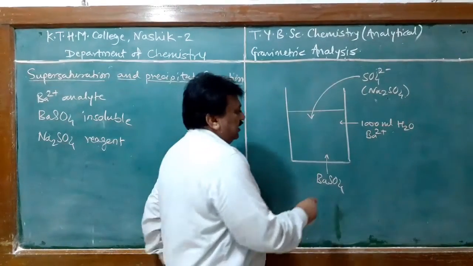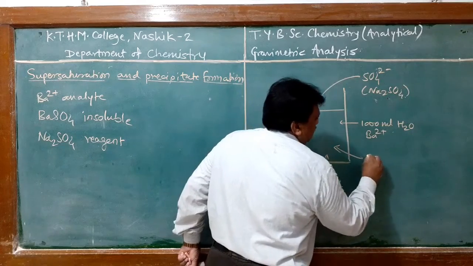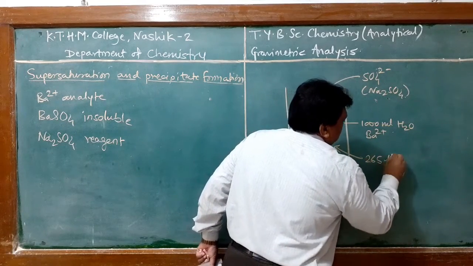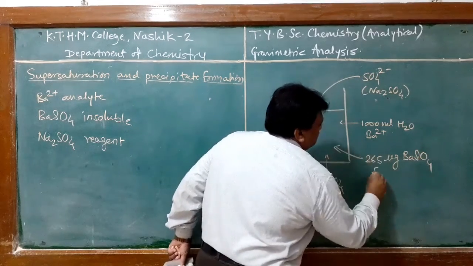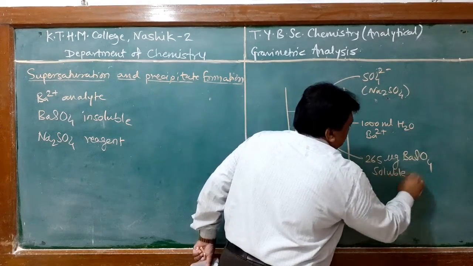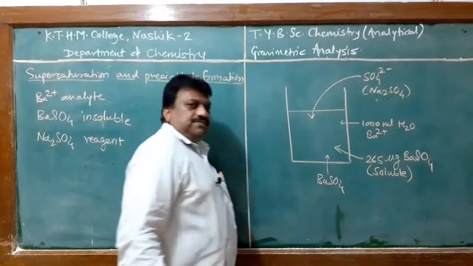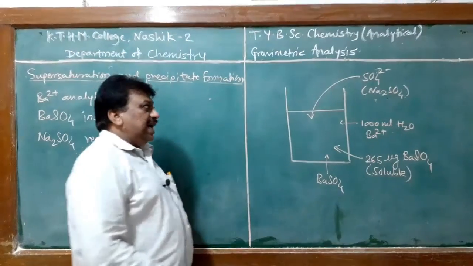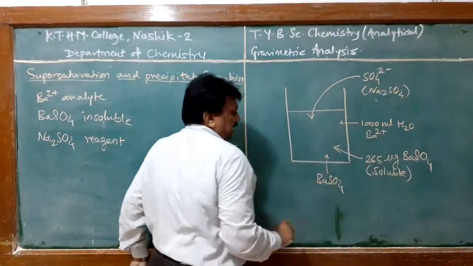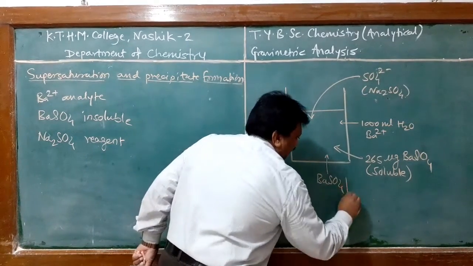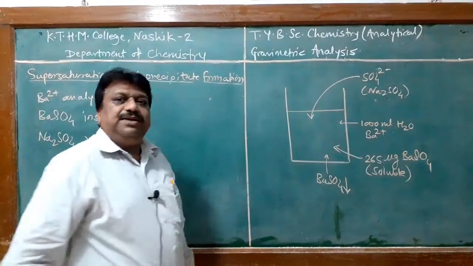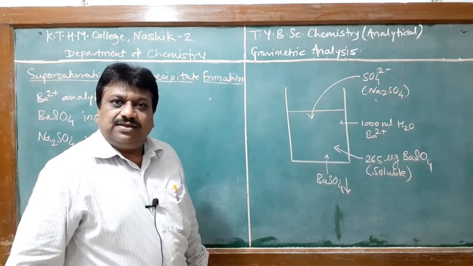But when, in this case, 265 microgram of barium sulfate is formed, up to this it is soluble in this 1 liter water. And when we add extra sulfate ion, then excess of barium sulfate is formed, and that barium sulfate becomes insoluble.